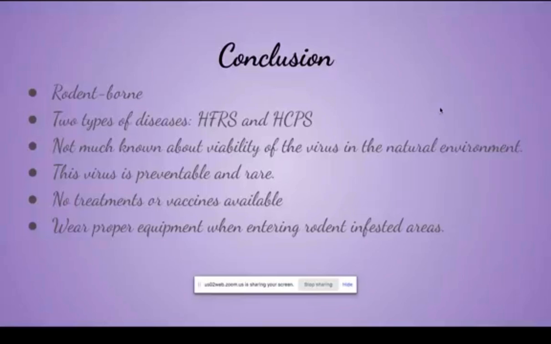What they do is they treat the symptoms of the disease if you do contract it. And catching it early on does show that the symptoms subside and it helps. So one of the key preventative measures of preventing yourself from getting the hantavirus is wearing proper equipment such as gloves and masks whenever you enter an area that's infested with rodents.